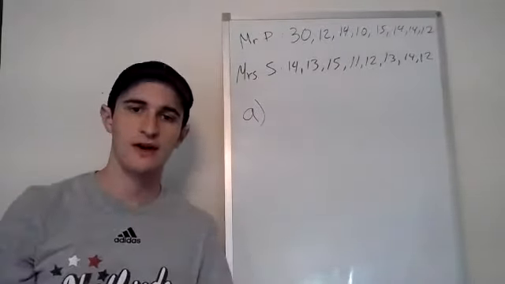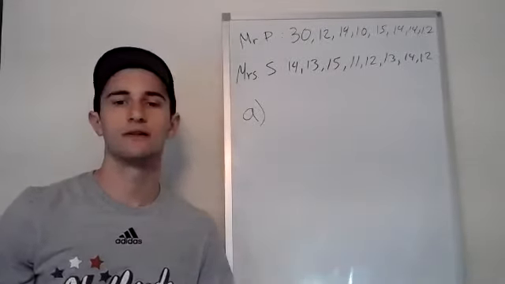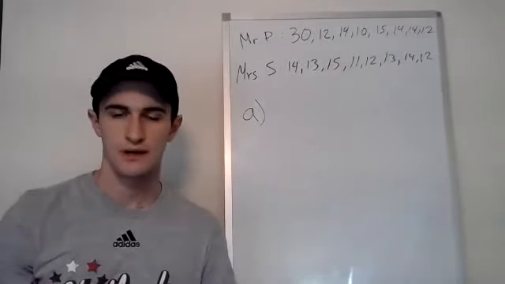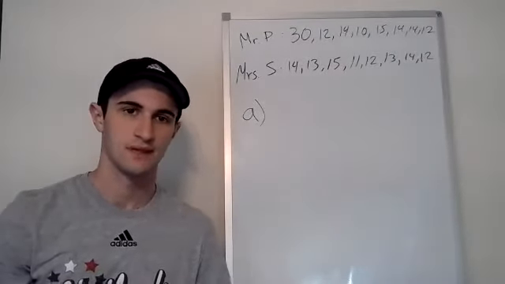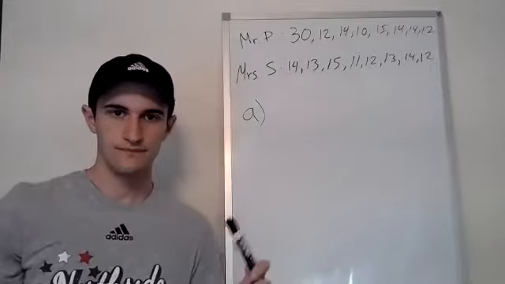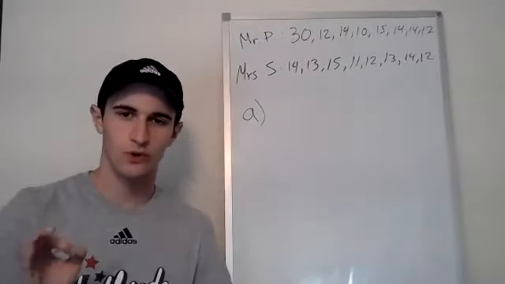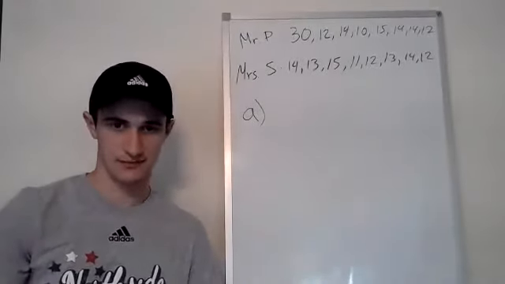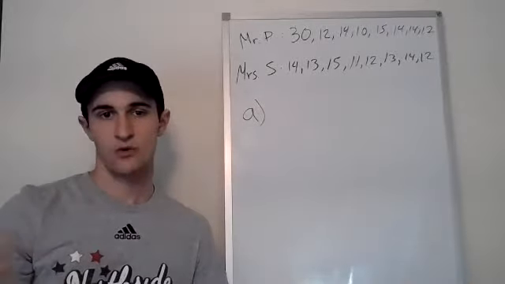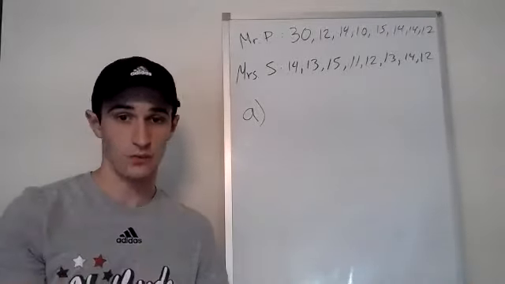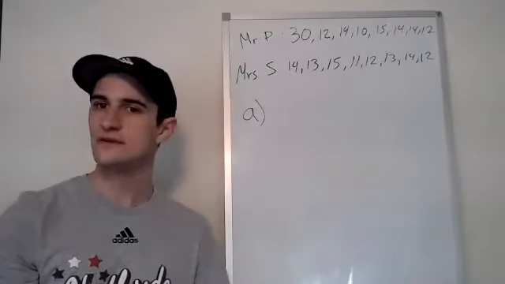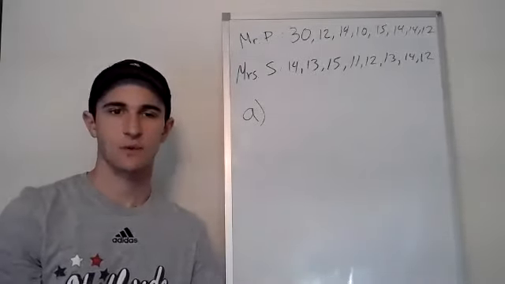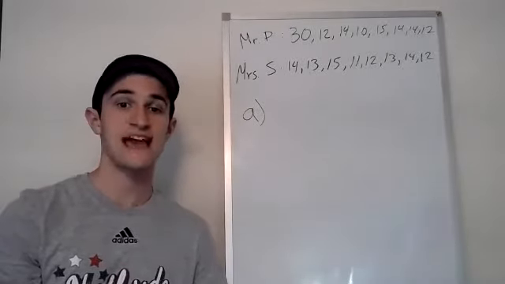Just a second ago, I mentioned something that's a tell-all for when we should use the median and when we should use the mean. We need to look at these and find one specific number, and if one of them has this thing, then we need to use the median. But if neither of them have this thing, we need to use the mean. That thing is the outlier.